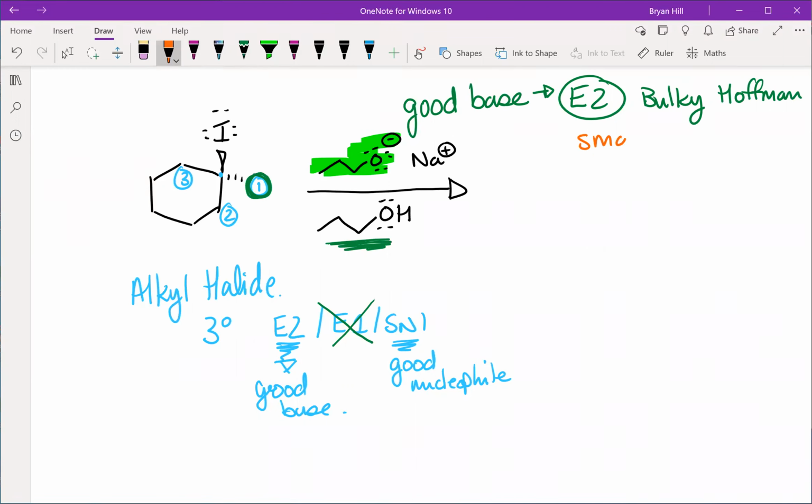Smaller. This would give us Zaitsev. And this would be 2 or 3. And it's not a bulky base. So our major product should be elimination from those orange circles there. So this is our major product.